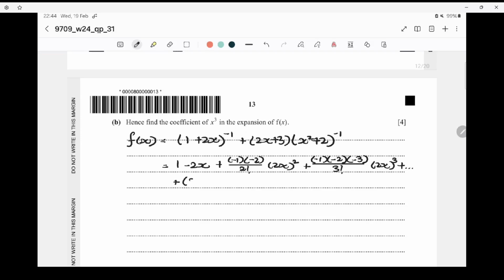Then you have 2x plus 3. You expand the second one, you will get 1 minus.